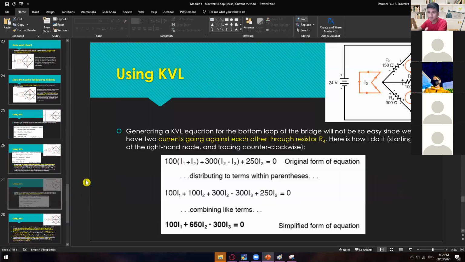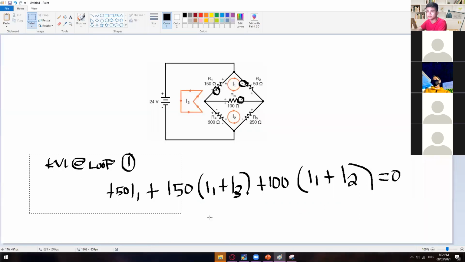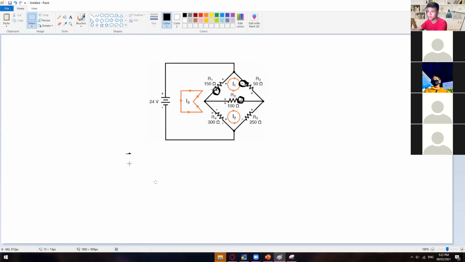And then we have here the loop number 2: 100, 300, and then 100. Yeah, so this is the loop number 2. From here, I'll just copy this one more time.